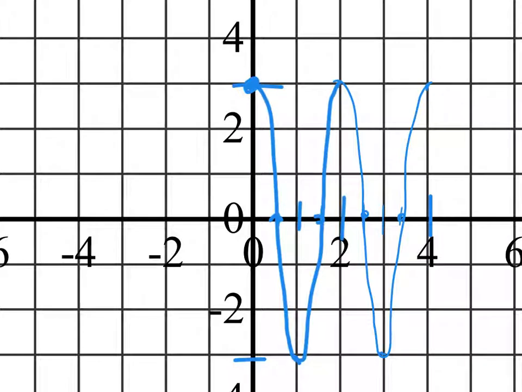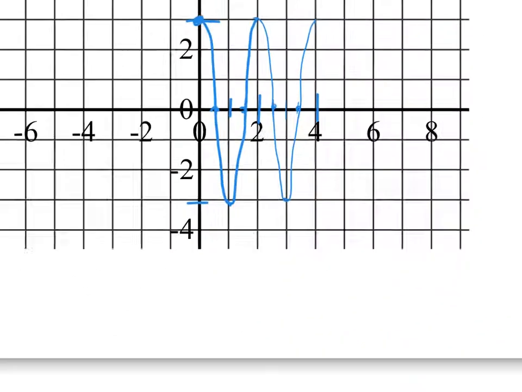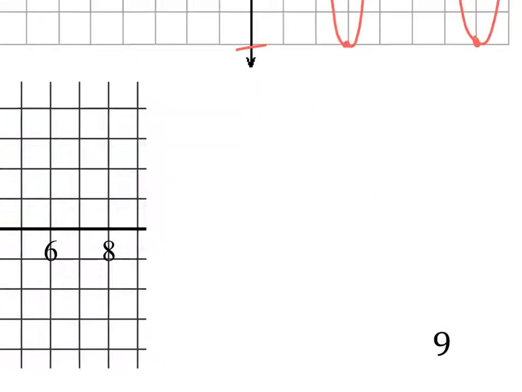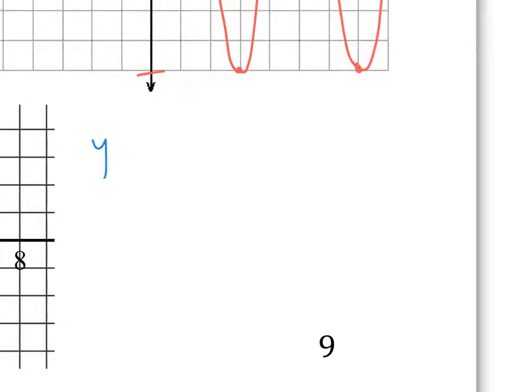Okay, let's do one harder one where we're going to have phase shift and we're going to have vertical shifts. So let's just find an empty space. Okay, let's do y equals, let's do something harder.